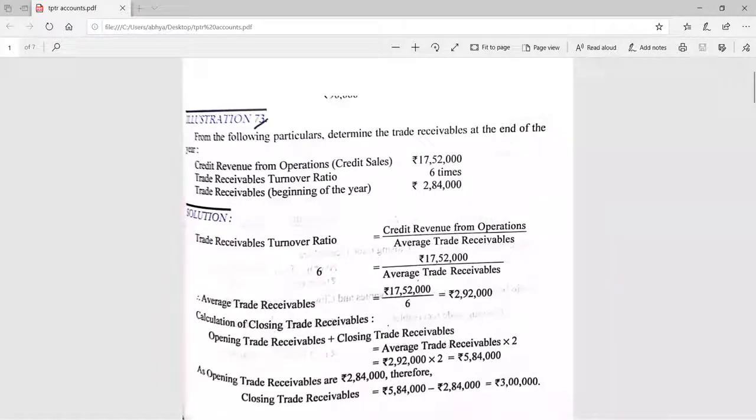So what is the formula? The formula is credit revenue from operations upon average trade receivables. Whose answer is correct can tell me in chat. So 17,52,000 upon 6 is equal to 2,92,000.